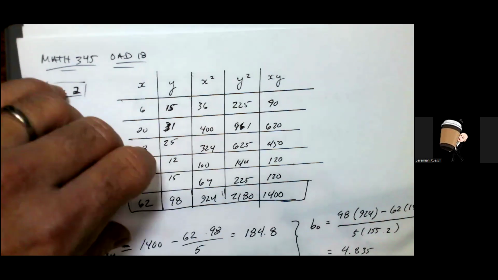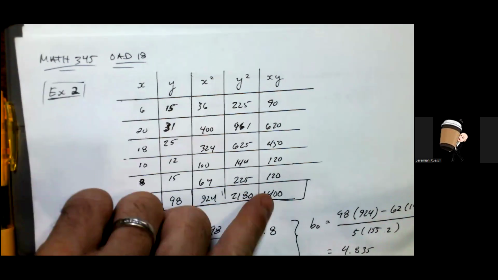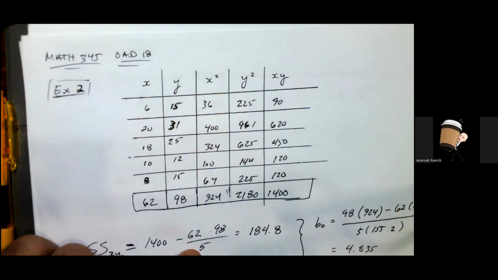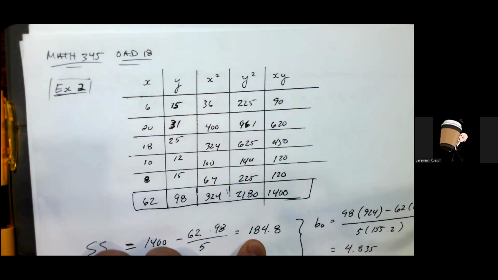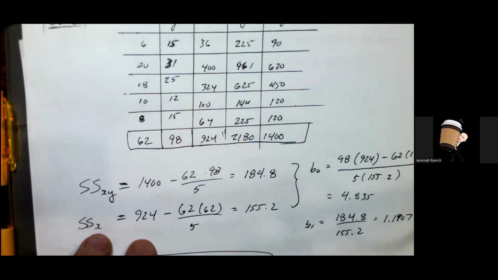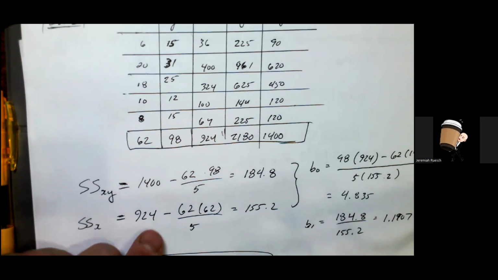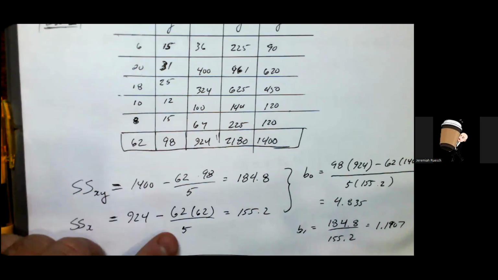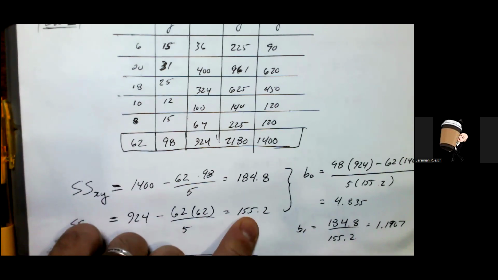So SXY is 1400 minus 62 times 98 divided by 5. That gave us 184.8. SSX is 924 minus 62 times 62 divided by 5, which gives us 155.2.